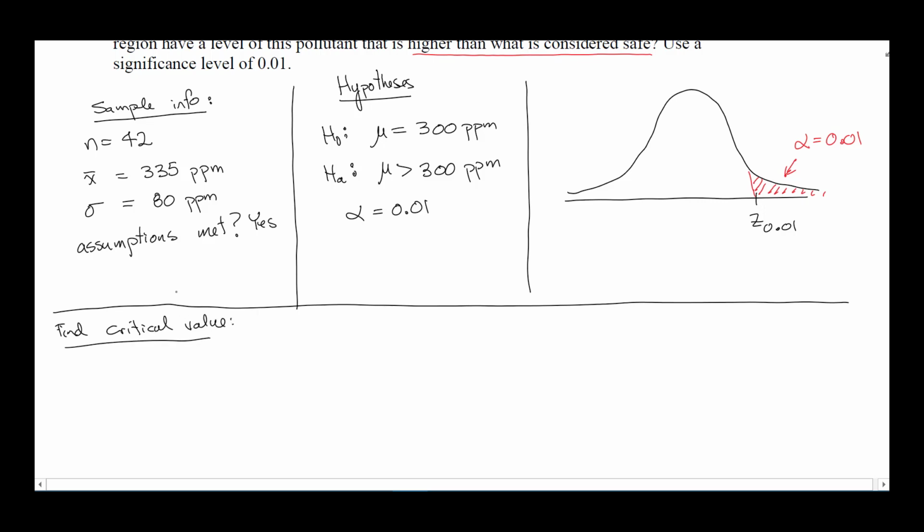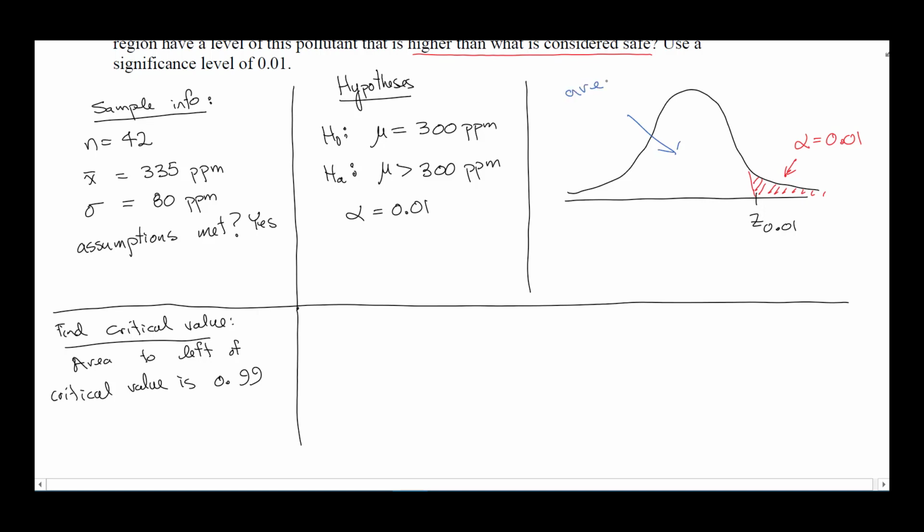Okay, so the area to the left of our critical value is 0.99, right?